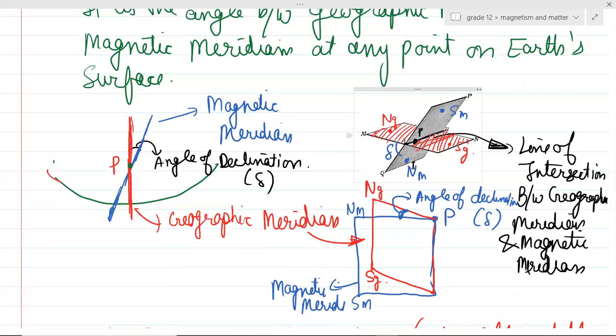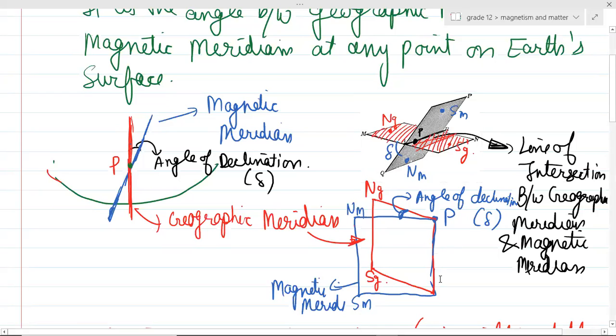How are we able to show both magnetic north and magnetic south and geographic north and geographic south in the plane? We are showing only that part which is coming out, one quarter of the diagram, only one part of half of the plane. How are we showing it as magnetic north and magnetic south?